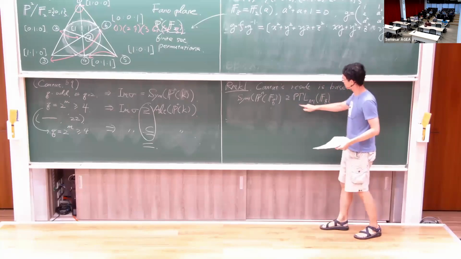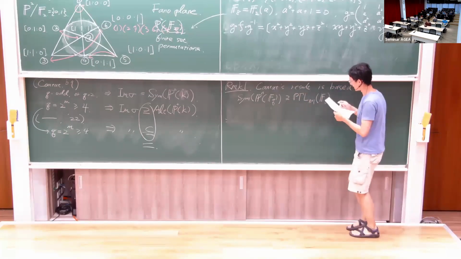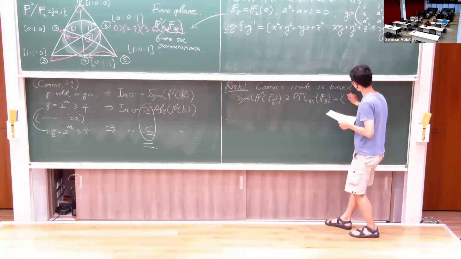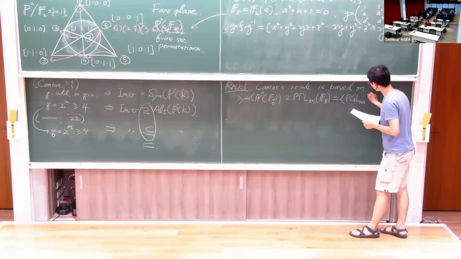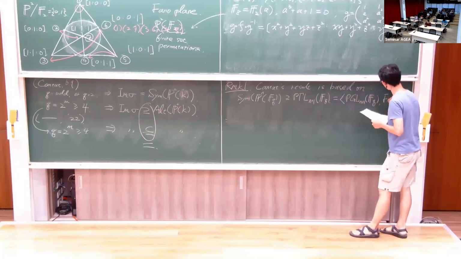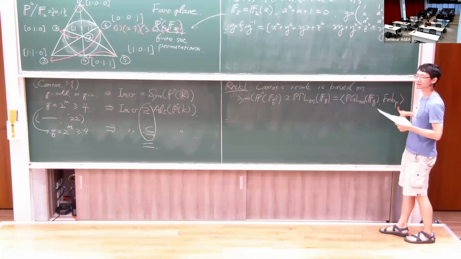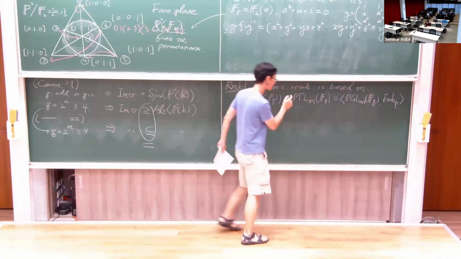More explicitly, this group is generated by all linear transformations, PGL, and the Frobenius action. The Frobenius action maps, for example, x, y, z to x to the p-th power, y to the p-th power, z to the p-th power, where p is the prime under Q.